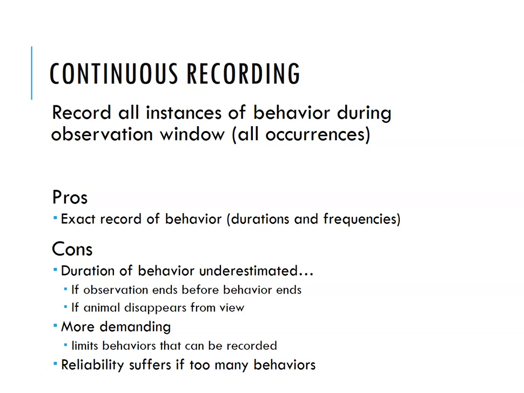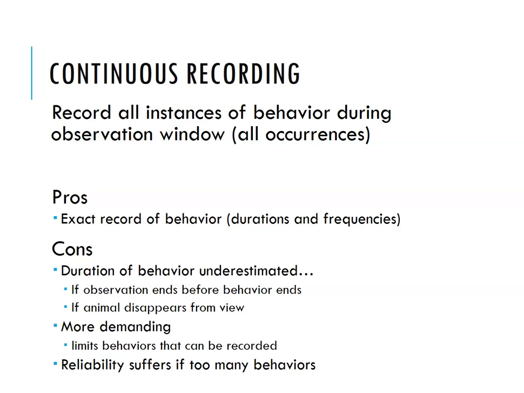If you're doing continuous recording, it's usually for a set observation window. But behaviors can happen outside of that window that you're not recording. So again, this is like when you're looking at a focal individual and another individual does something cool. You've missed it.